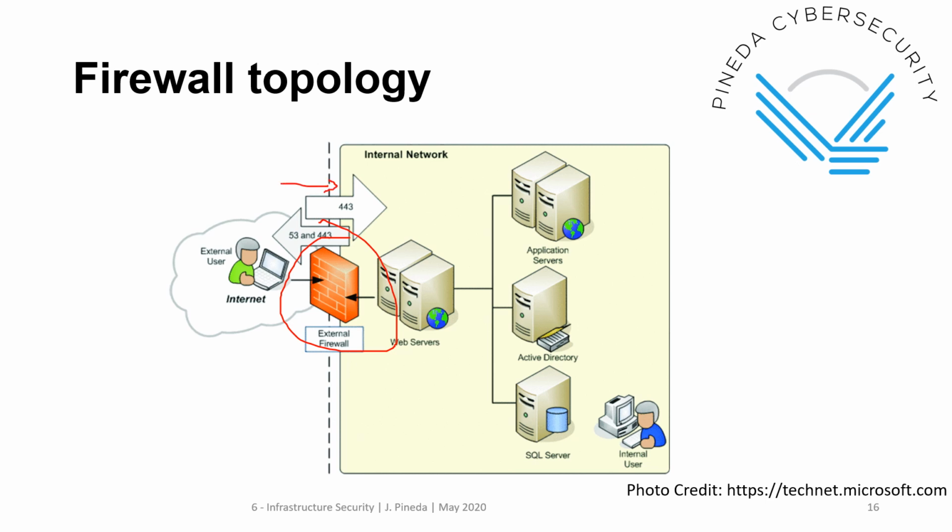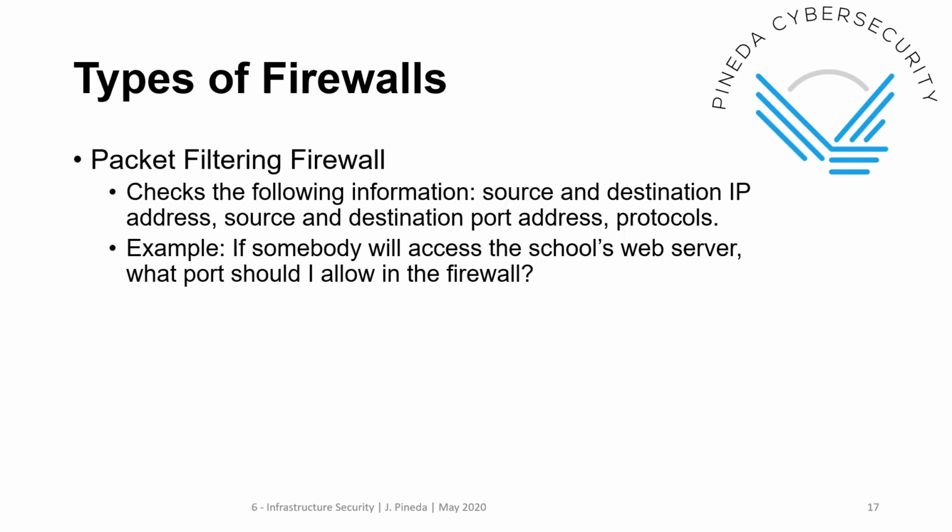Okay, what protocol is this? This is HTTPS, right? Okay, so it allows HTTPS. Okay, for 53, this is what? It is traffic going out, and 53 is DNS. Okay. So it checks whether it's allowed to get in or out of the network.